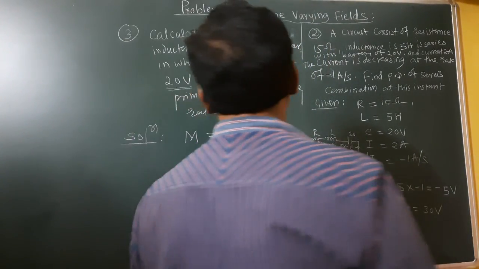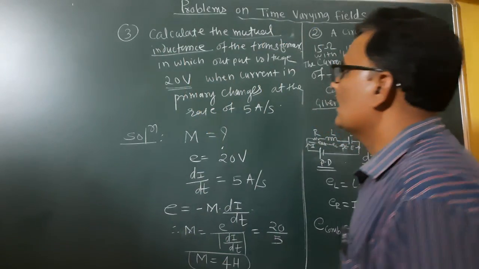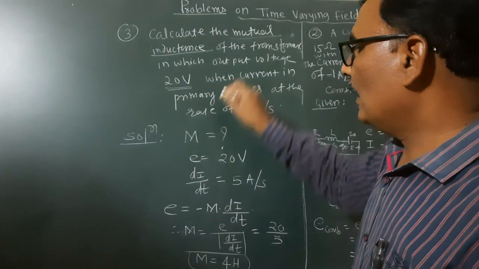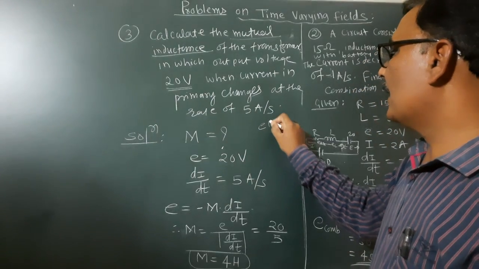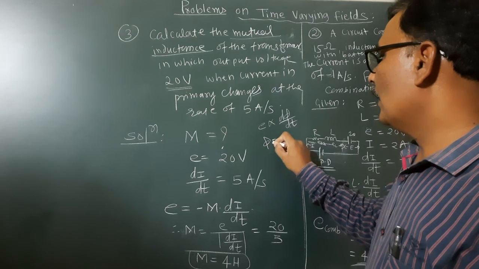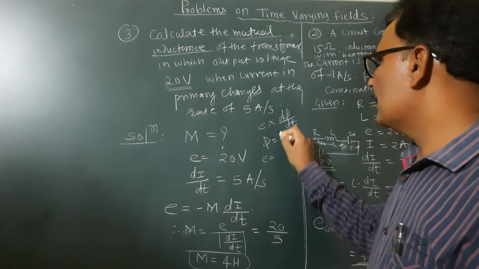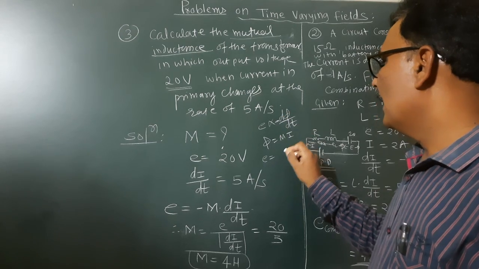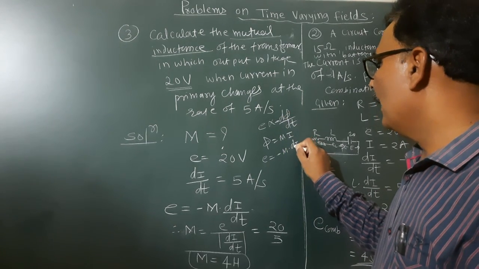In the first problem we calculated a self inductance, and then we have mutual inductance. The mutual inductance formula is: E is proportional to d phi by dt, where phi is M into I. So E is equal to minus d phi by dt, which is minus M into di by dt.